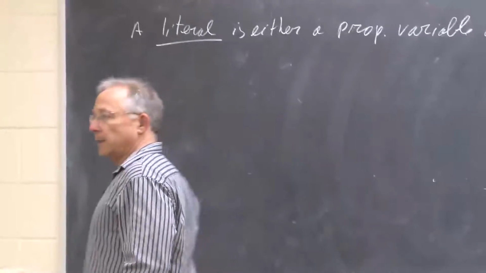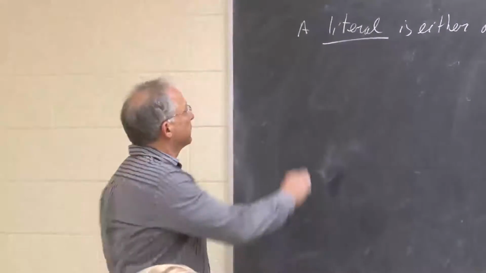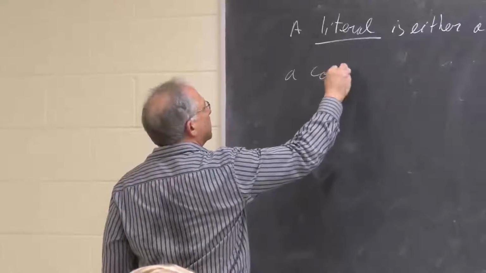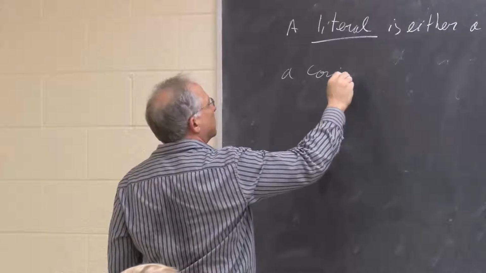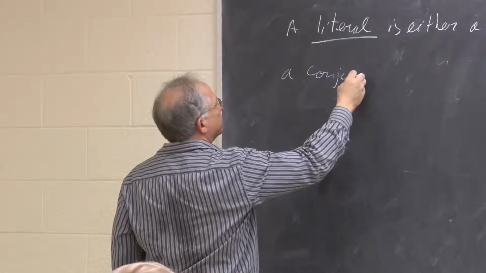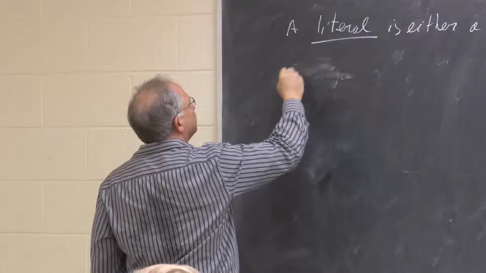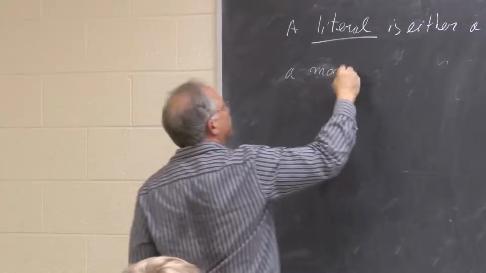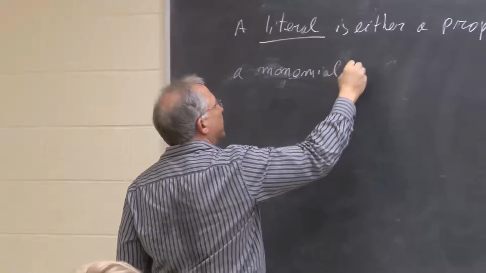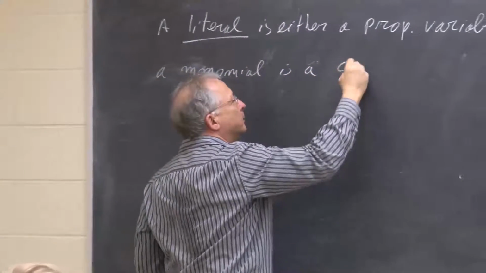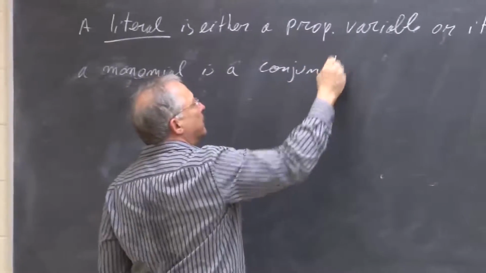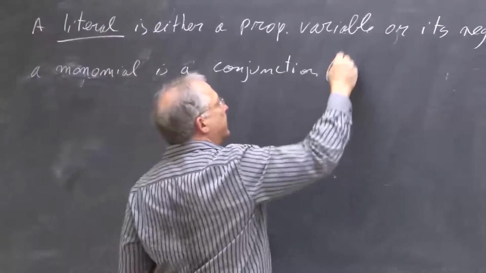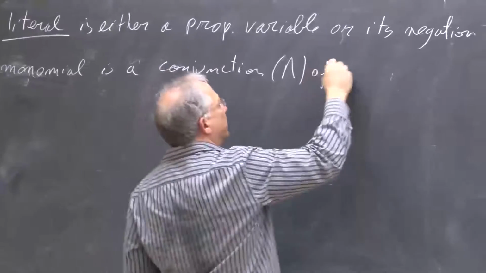And a conjunction, or let's call it a monomial, is a conjunction, which means just an and of literals.